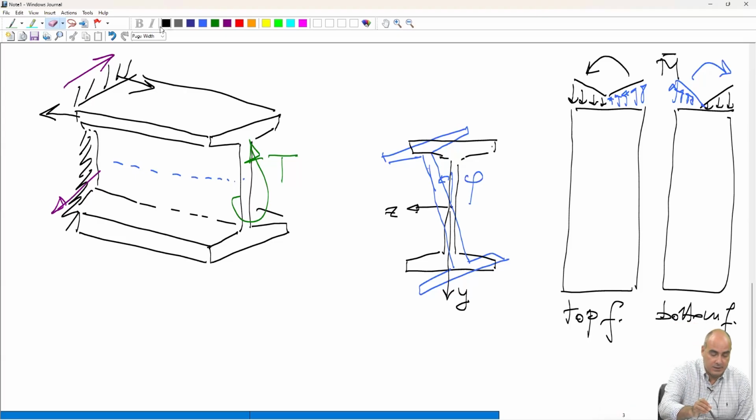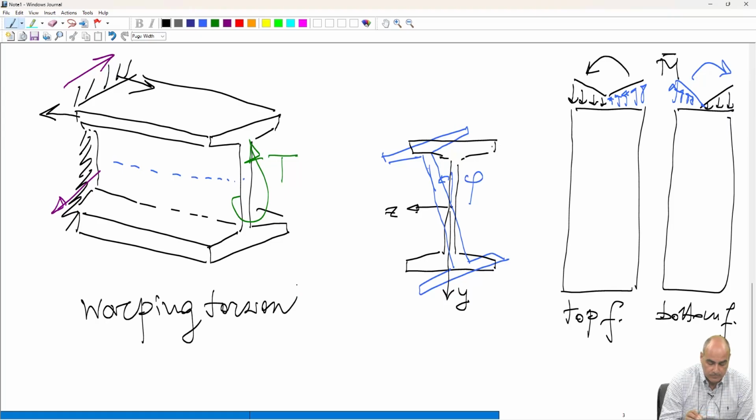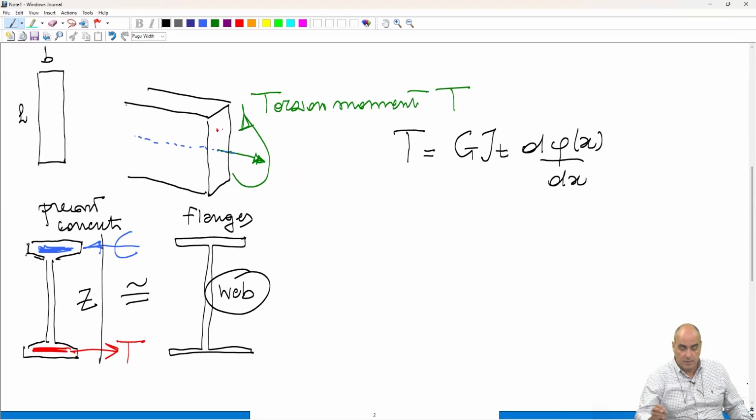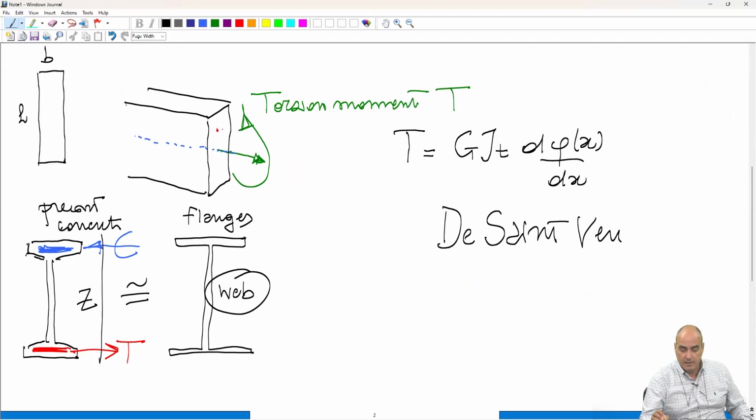So there is this additional contribution which is called warping torsion, or Vlasov torsion, as opposed to the main contribution, which is this one, the Saint-Venant or circulatory torsion.